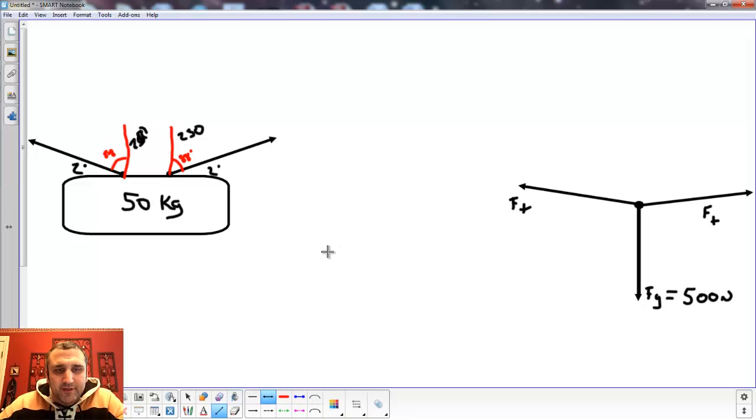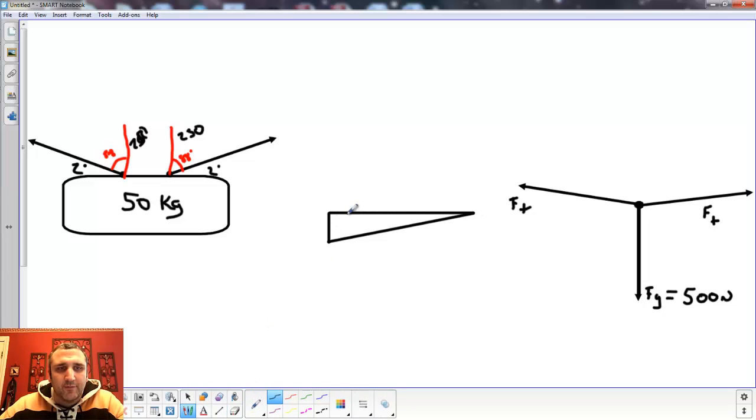And let's give us a nice, fresh, clean triangle to work with. Let's go like that. And then we'll go like that. And then we can go like that. And we can write down what we know. We know this side is 250. We know this angle is 88 degrees.